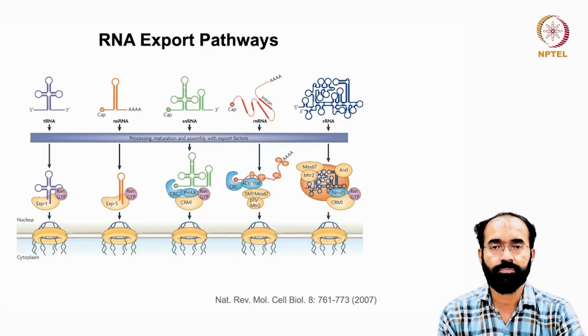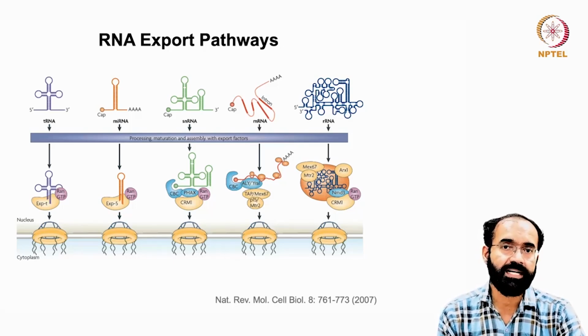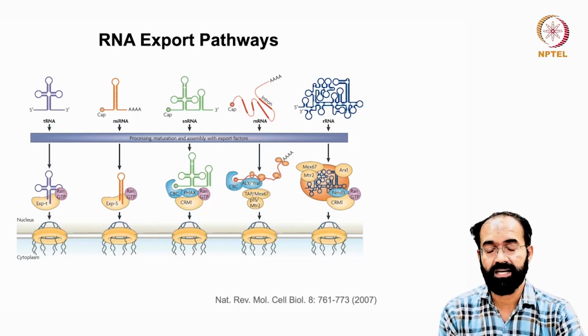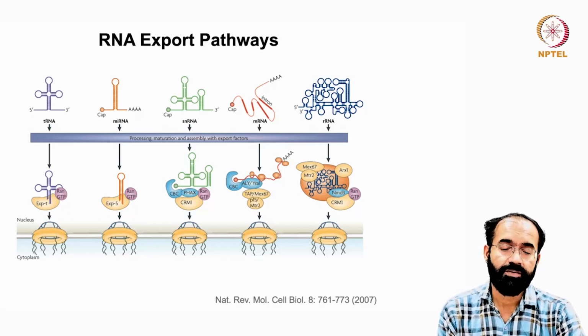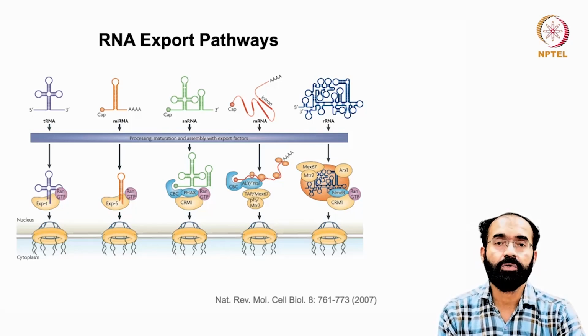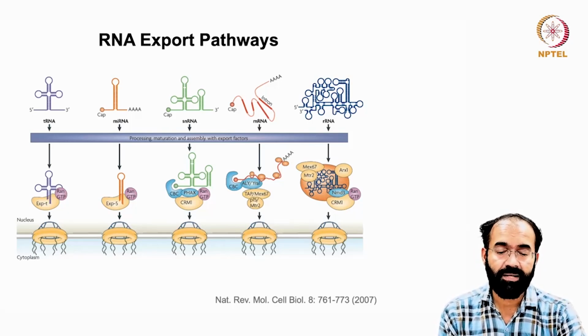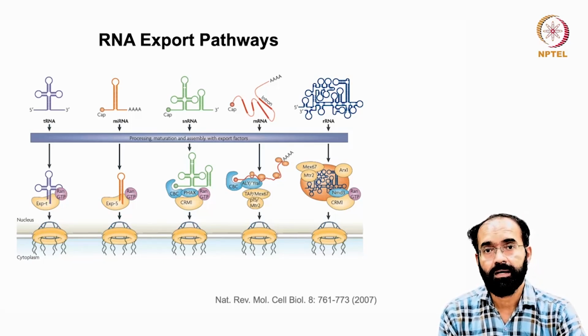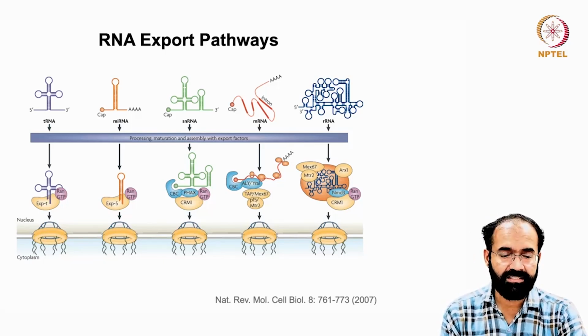How effectively it should be transported, what the rate of transport is, everything can be decided by the protein associated with it. So we should understand this cargo protein complex: depending upon which species is being transported, it will have a dedicated exportin associated with it. This is the nuclear pore complex, and what you see downwards is the cytoplasm.